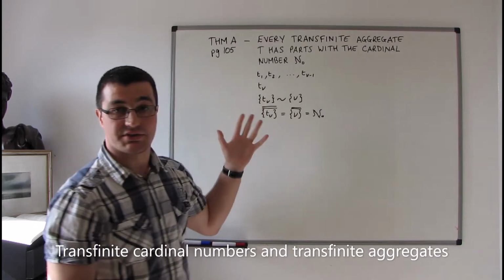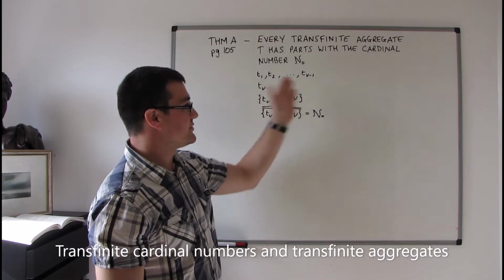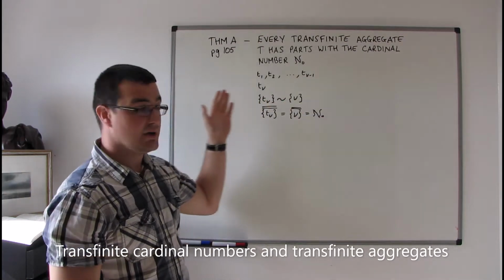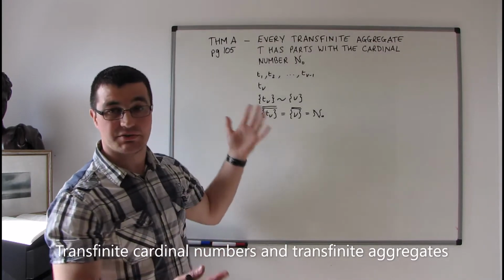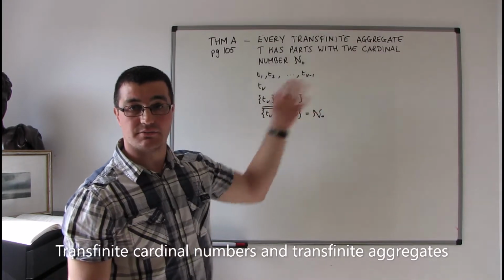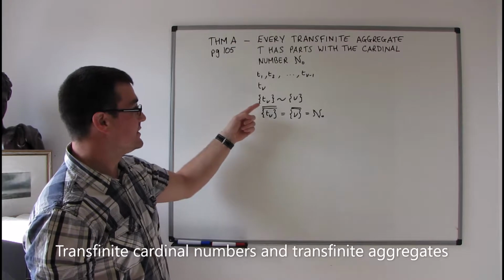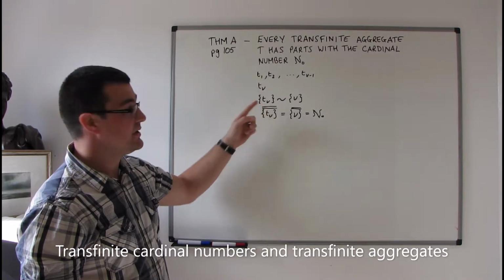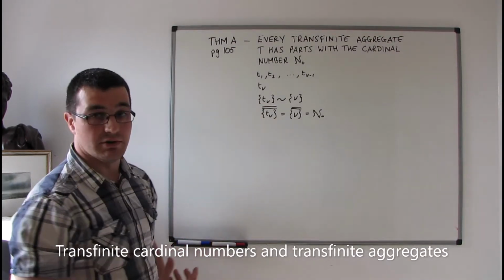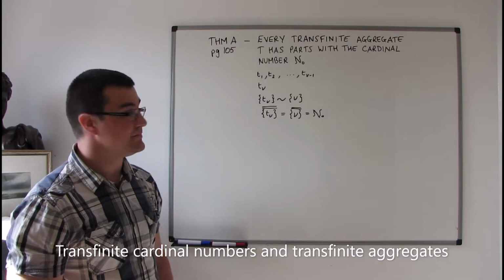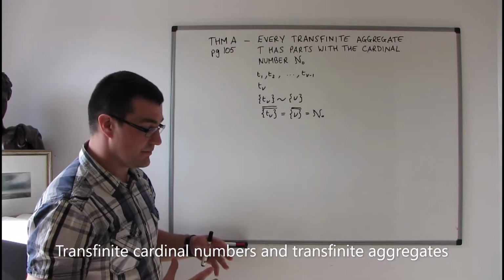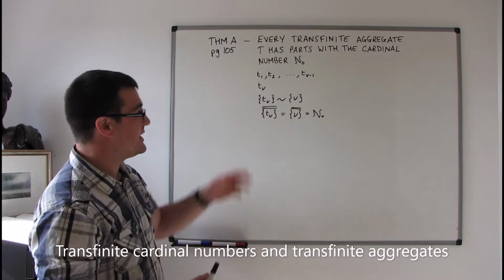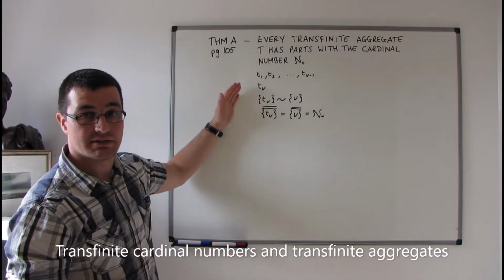We're just able to somehow select a countable number of elements from T to form this aggregate here. And this is the problem. In general, the rule can't be extended. And this depends on the axiom of choice.